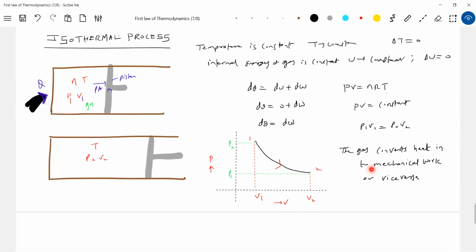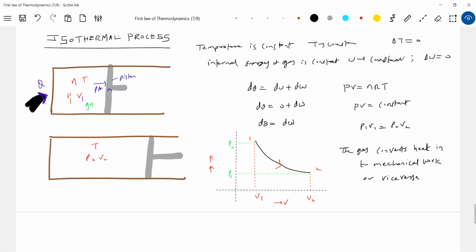To keep internal energy constant, we take an isothermal process. I can bring a process where internal energy is constant, but it will not be an isothermal process. So just a mere sentence in the book, what happened? Don't repeat it. What is the use of that is what we are learning here.